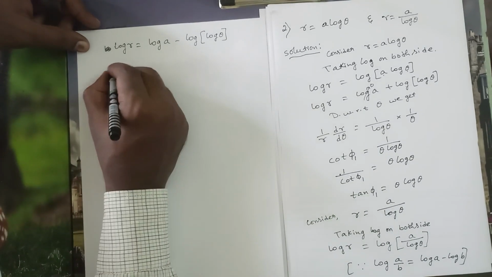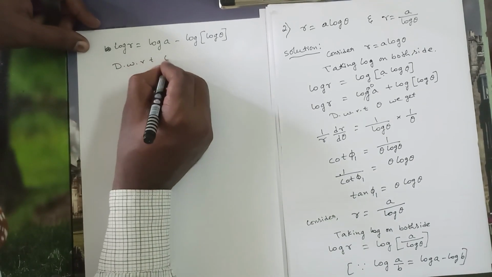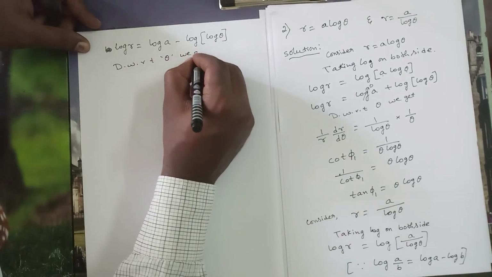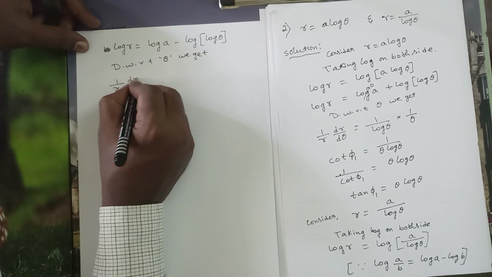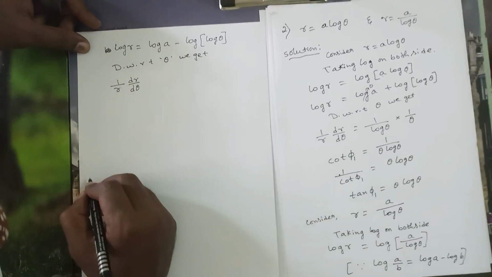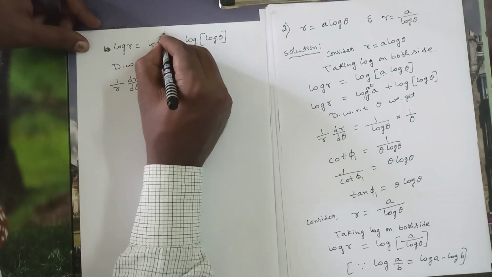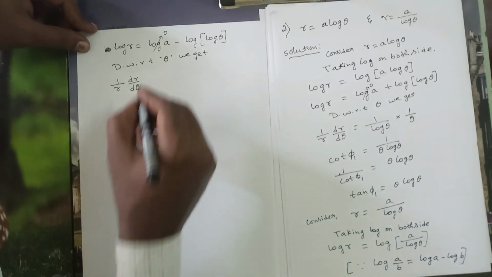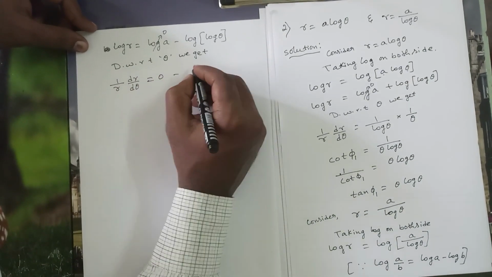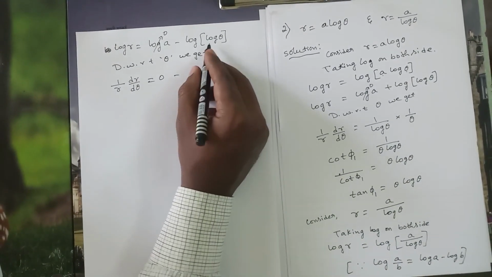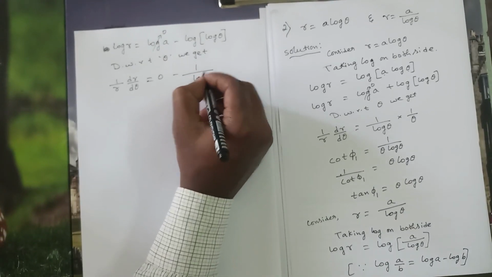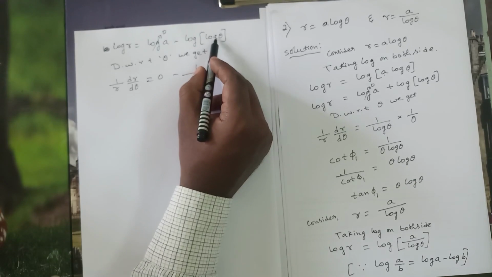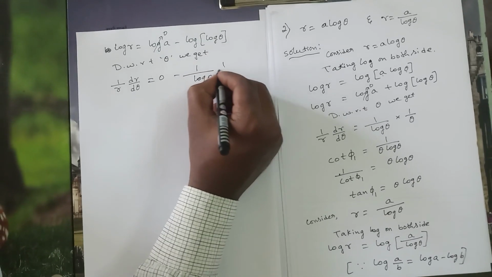Differentiate with respect to theta, we get 1 by r into dr by d theta. The log a term becomes 0, minus 1 over log theta, and differentiating log theta again gives 1 by theta.